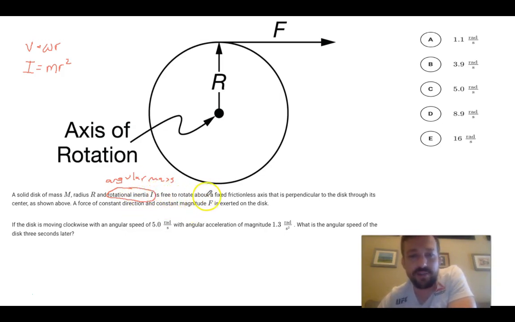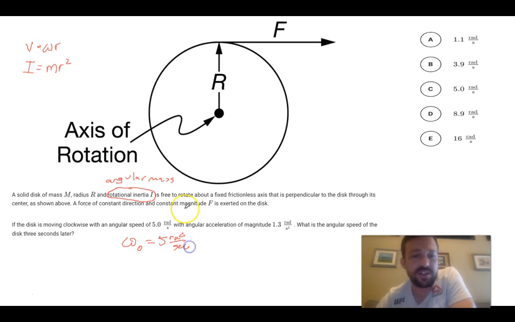The rotational inertia I is free to rotate about a fixed frictionless axis that is perpendicular to the disk through the center as shown. A force of constant direction and constant magnitude F is exerted on the disk. If the disk is moving clockwise with an angular speed of 5 radians per second, that's my initial angular speed, 5 radians per second.